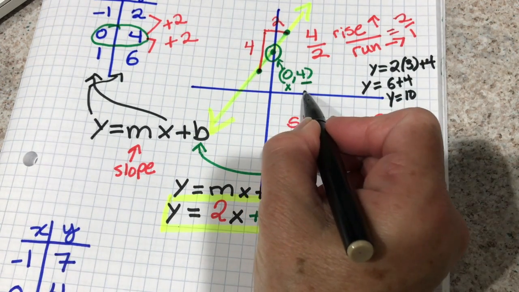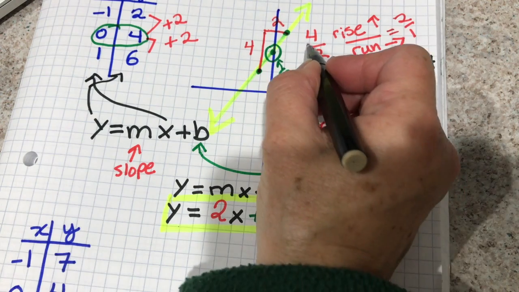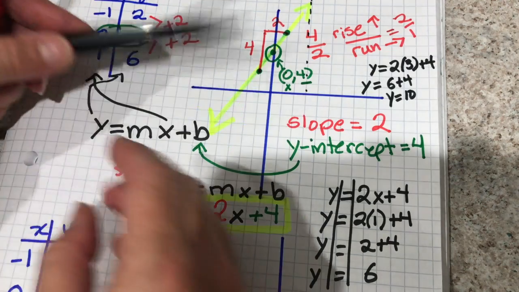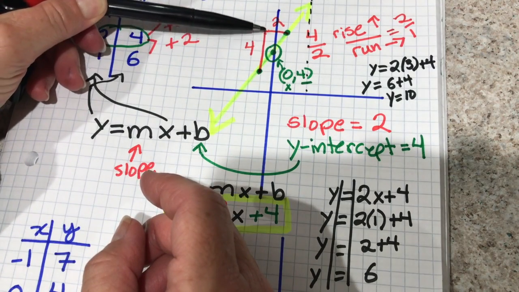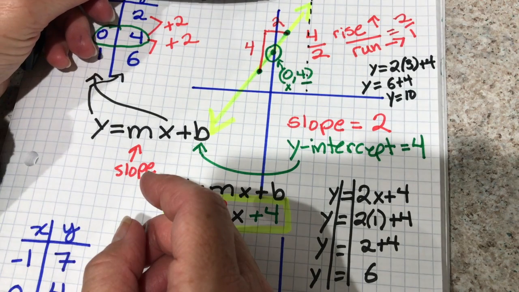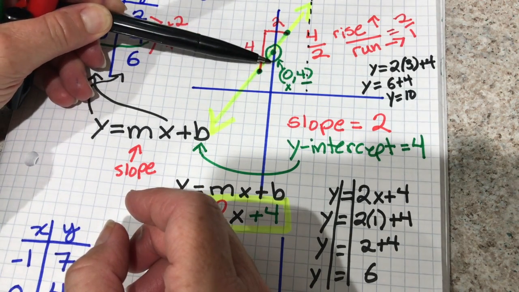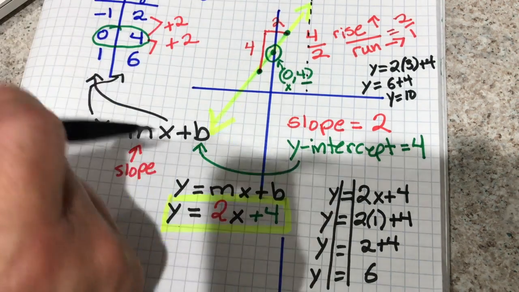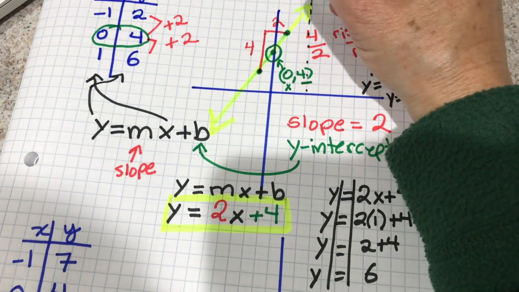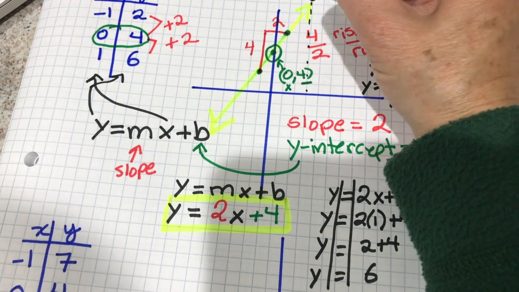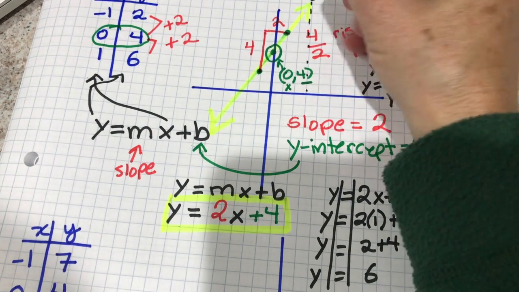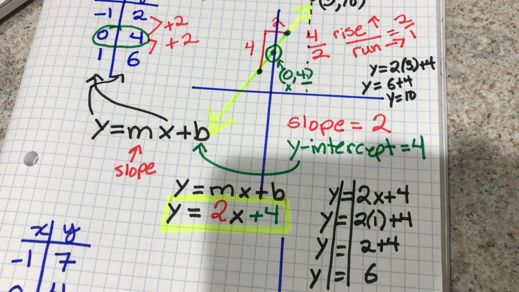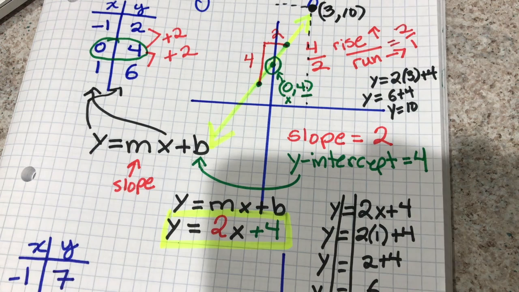If x is 1, 2, 3, let's go all the way up. And let's see where we end up. 1, 2, 3, 4, 5, 6, 7, 8, 9, 10. So let's carry the line across. And this would be the point. If x is 3, y is 10. And indeed, that point is on our line.